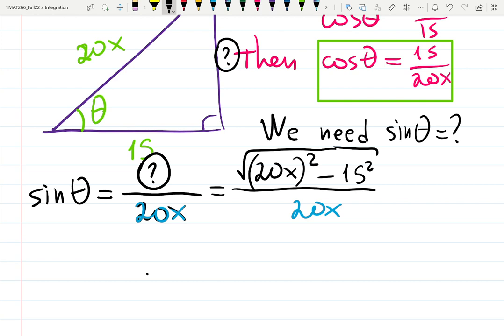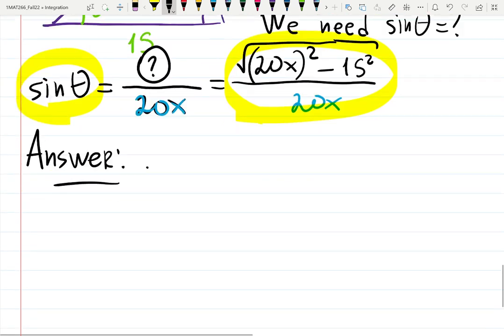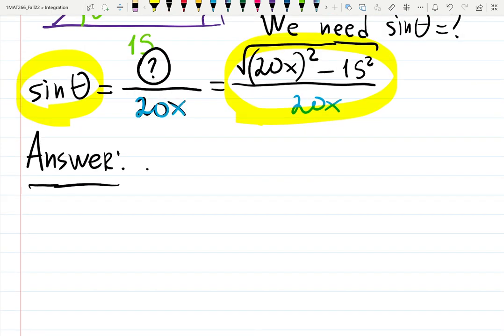So let me put it in a super huge size, like so. Answer. The integral was solved, and it is 164 over 45.